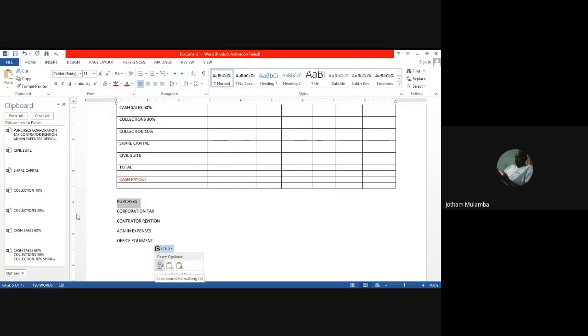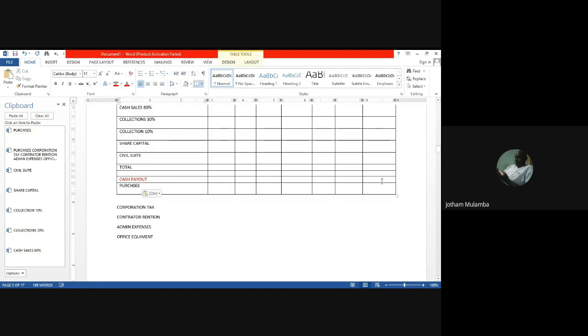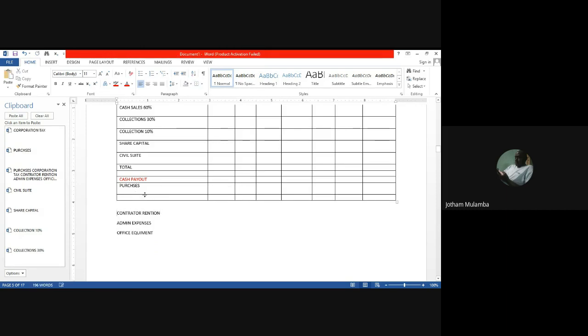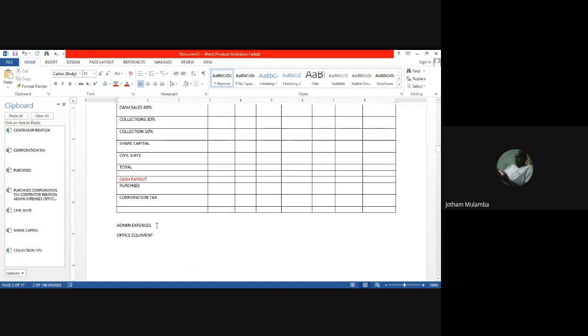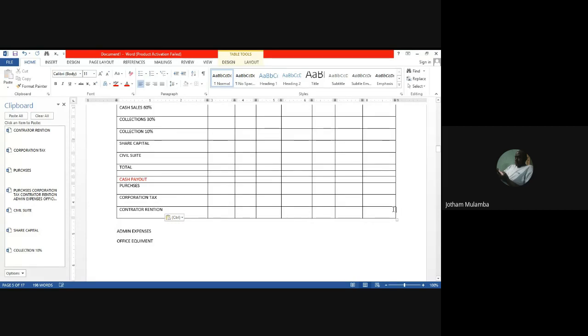The first one is purchases. The second one is corporation tax. The next one is contractor retention. Then after contractor retention, we have admin expenses.